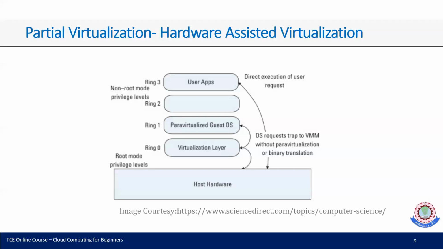At this level, the VMM will be able to trap all the privileged and sensitive instruction calls, and thereby it will remove the need for binary translation or PV to assist with it. The entire thing will be handled by the hardware itself. So no PV is needed for capturing such requests.